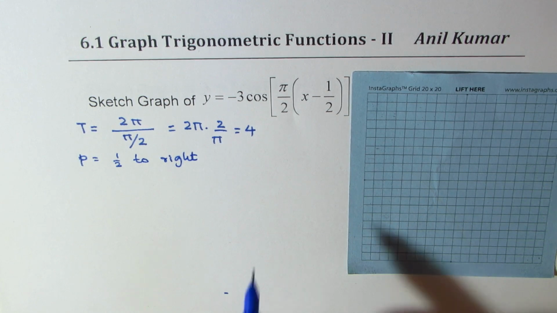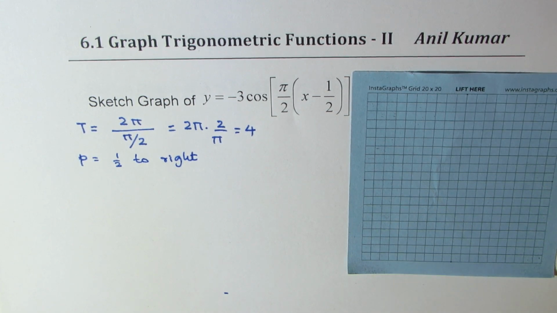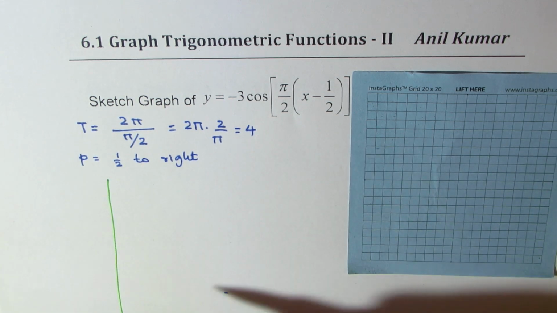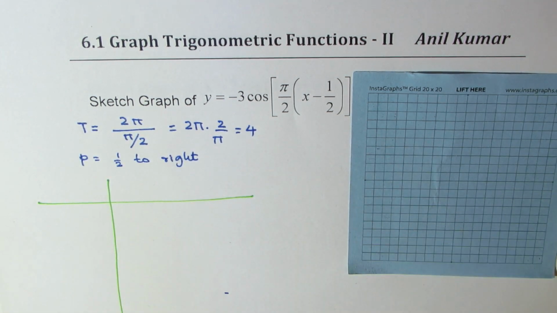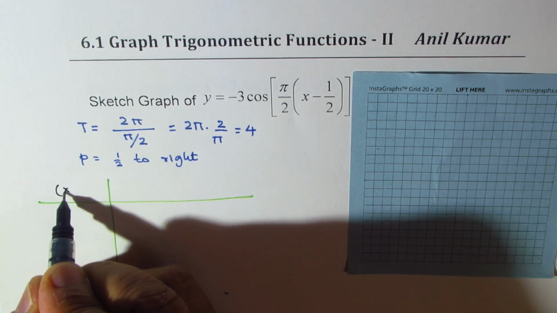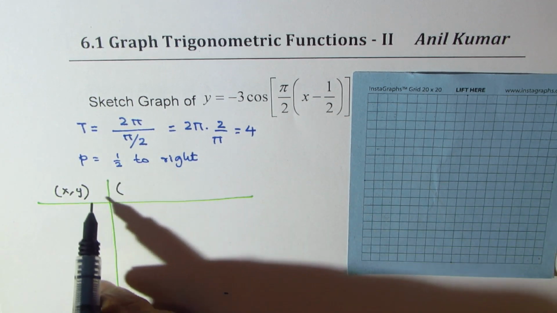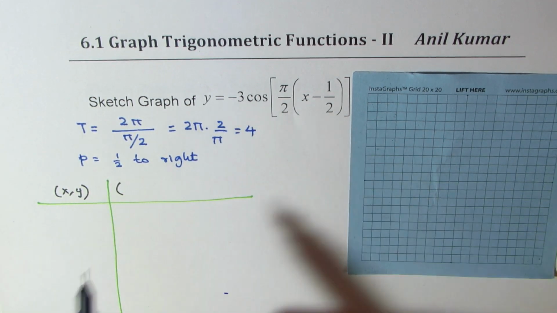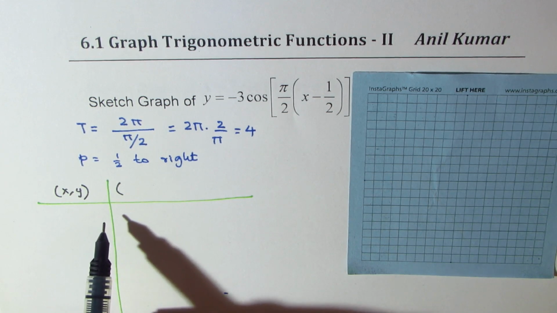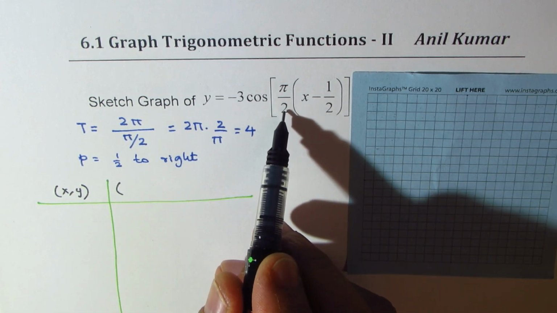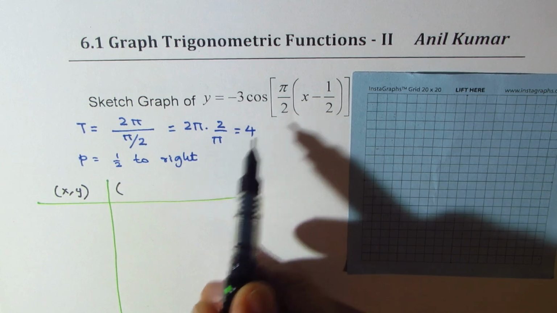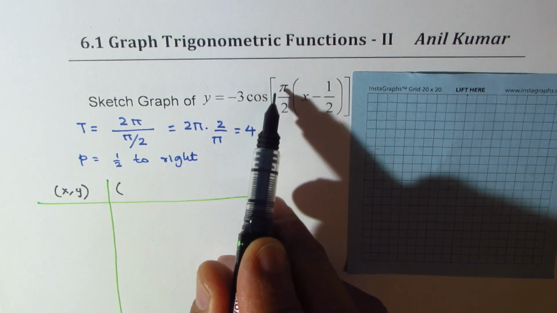Now some of you may like to use the coordinate points to get accuracy. So let's talk about that also. For a cosine function, if x, y are the default points, the transformed point for this particular case will be that the x value gets multiplied by this factor. Do you see that?